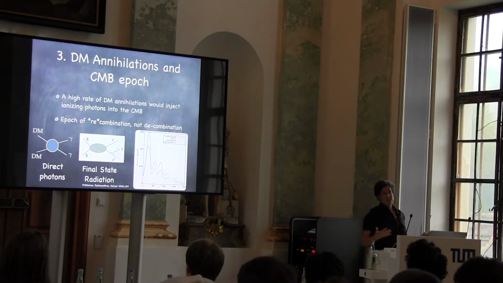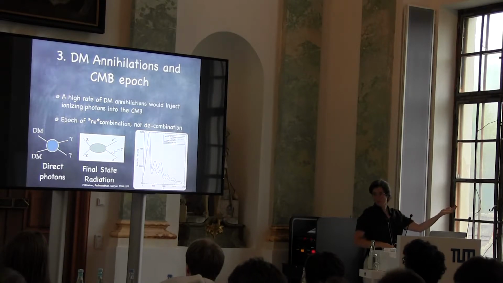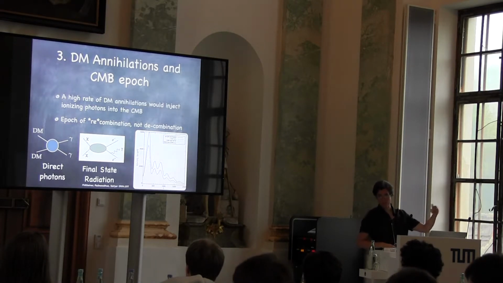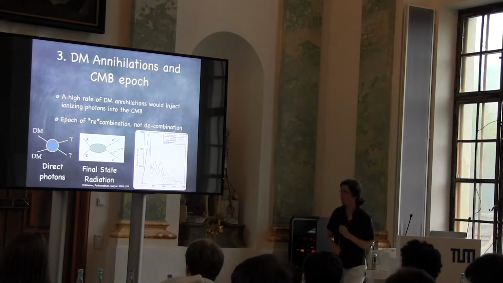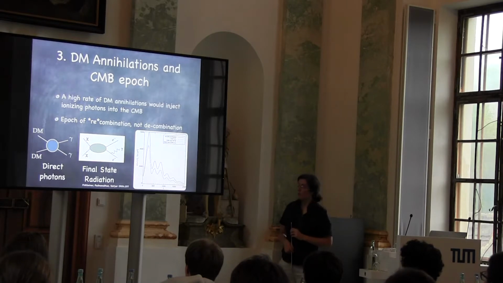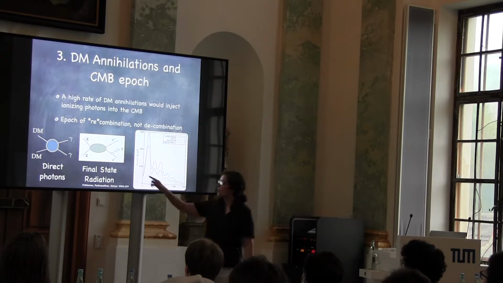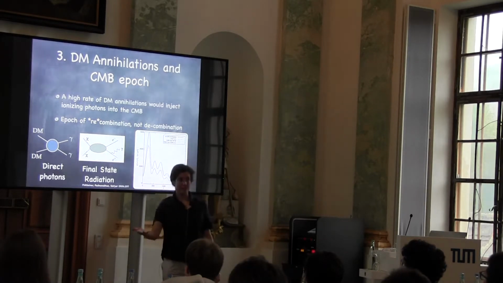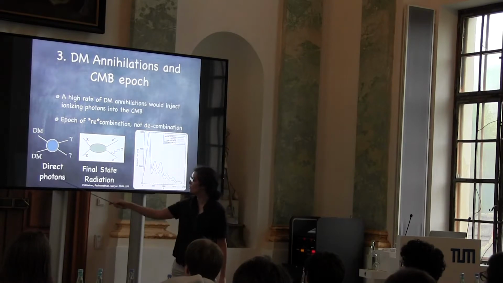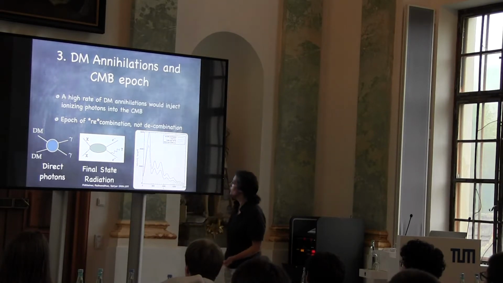And we know that it doesn't become reionized again until pretty late in the universe, so redshift of a few, when you started to form stars, and the stars produce radiation which can rip those electrons off of the nuclei again. But we also know that that has to happen relatively late. But if dark matter keeps annihilating after the CMB epoch, that is a way in which you can rip electrons off the nuclei. Okay? Either through direct photons or through final state radiation.